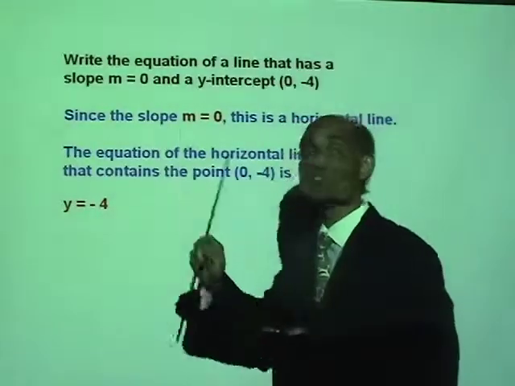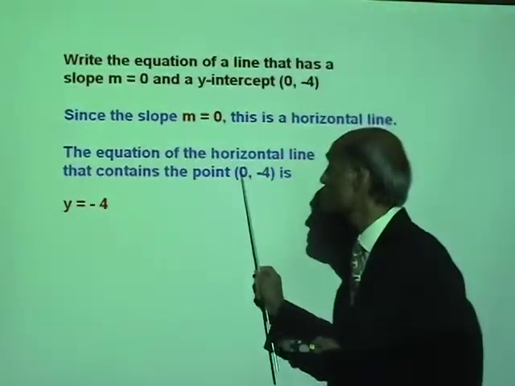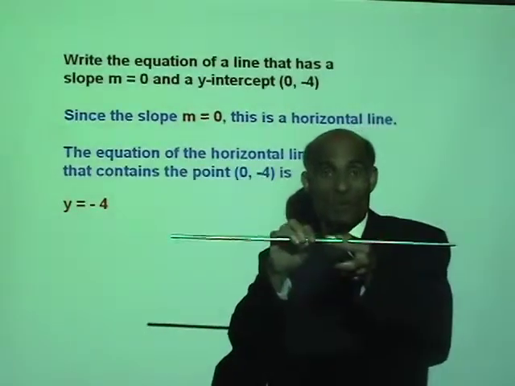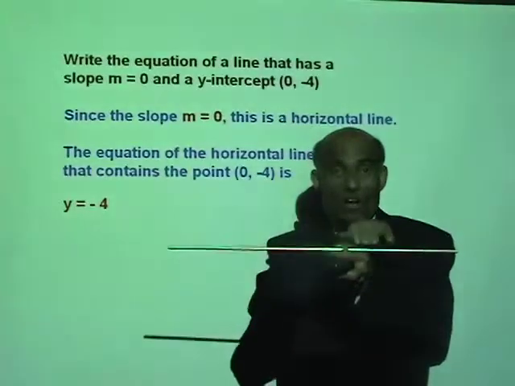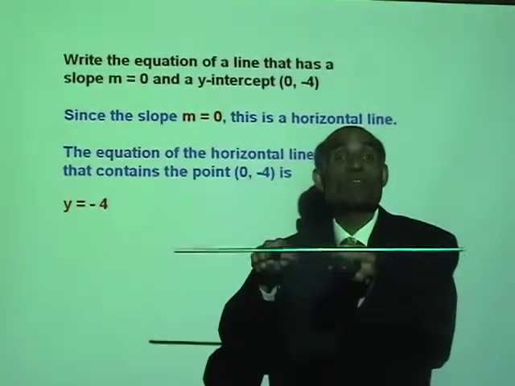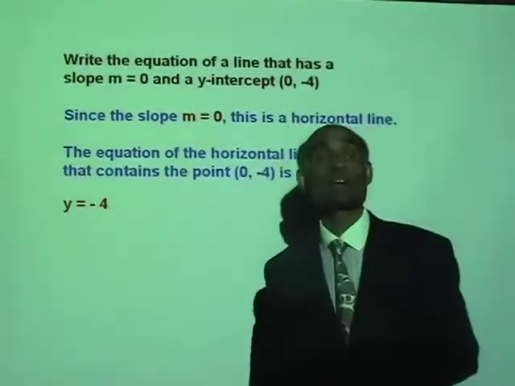Its slope is 0, it's a horizontal line. Its y-intercept is 0, -4. It cuts the y-axis at y equal to -4. Means all along this line, the value of y will be -4. Or the equation of this line will be y equal to -4.